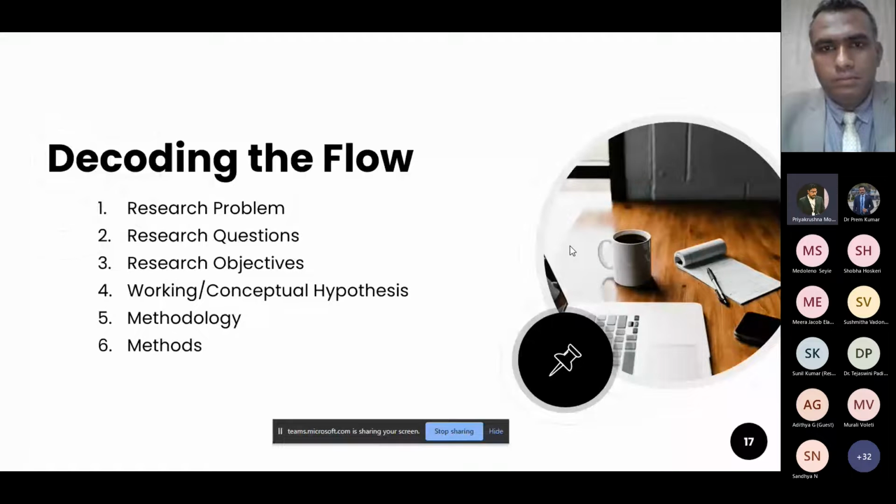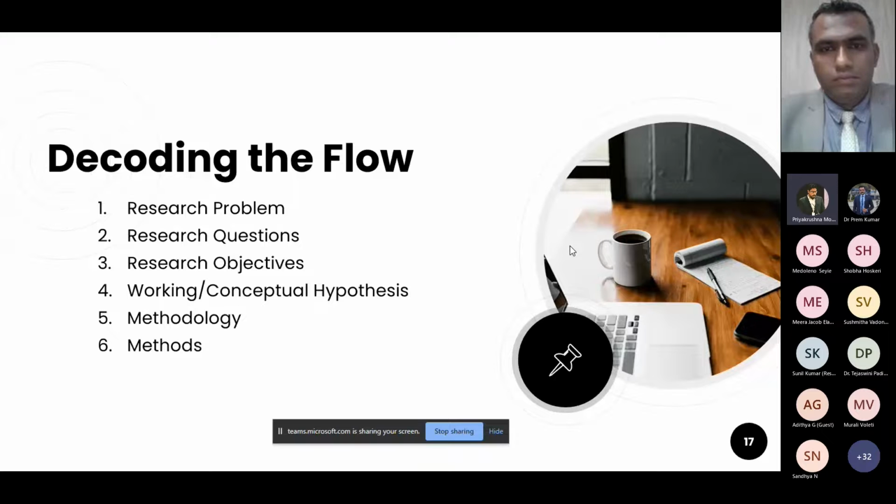First thing comes research problems, and you can actually learn it by heart. Your research problem should lead you to your research questions. As I said, a good problem leads you to good questions. This is the foundational building block of very good research. So every problem should lead you to a good question.